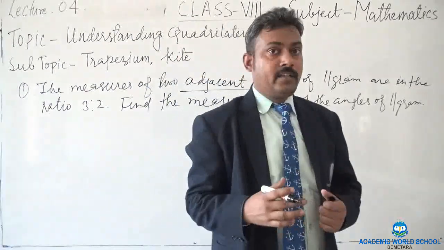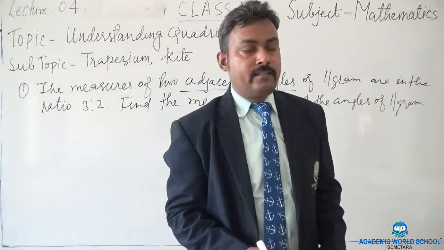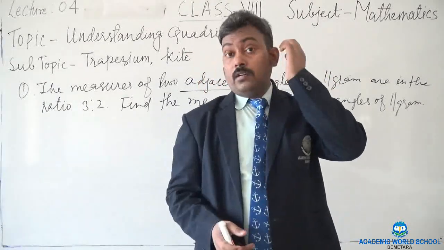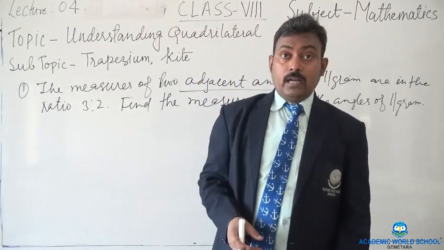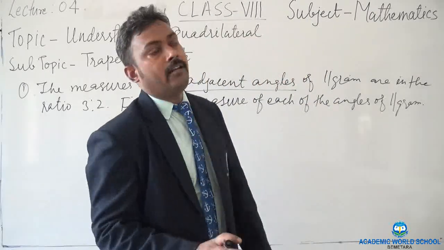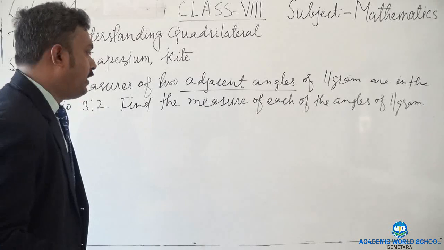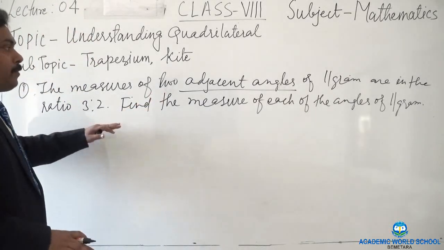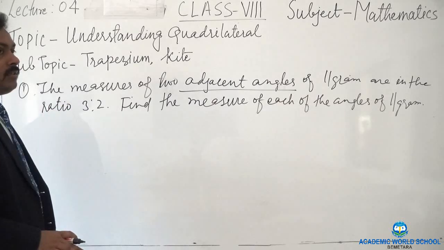The ratio of adjacent angles is given. So we know the adjacent angle property of parallelogram, that the sum of adjacent angles of a parallelogram is 180 degrees. Right? So using that property, we will solve this question.